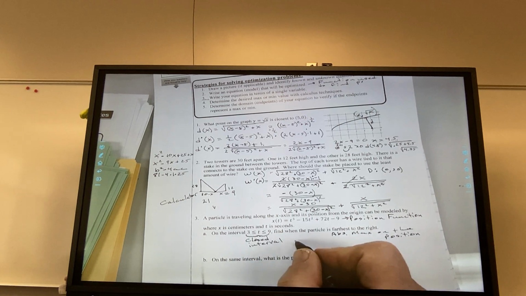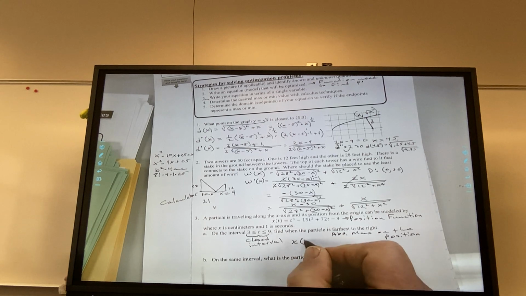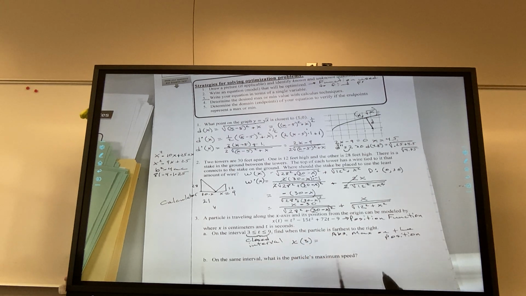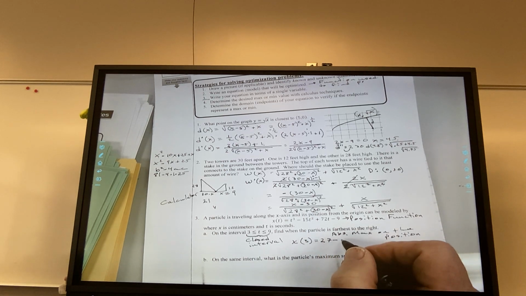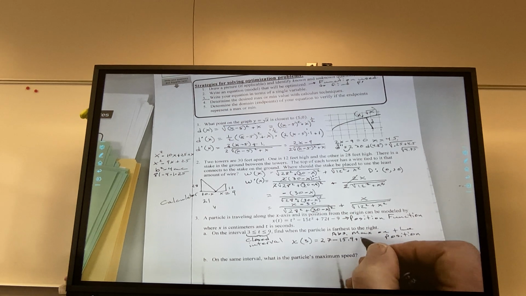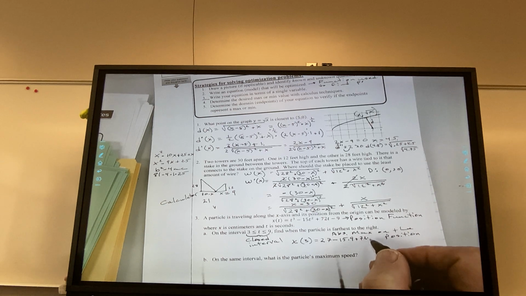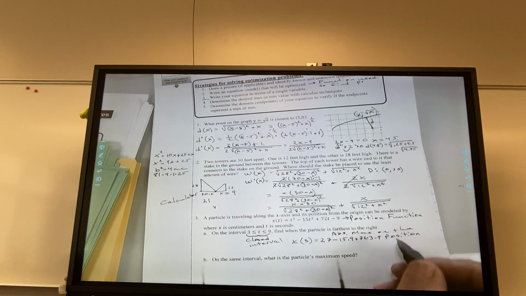So what I did is I put into x the number 3, and I had 27 minus 15 times 9, whatever 15 times 9 is, plus 72 times 3 minus 9. 15 times 9 is 135.